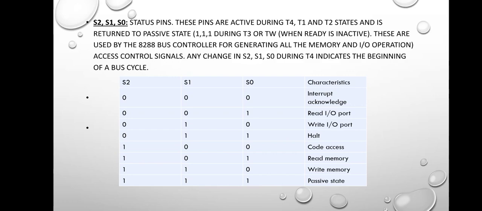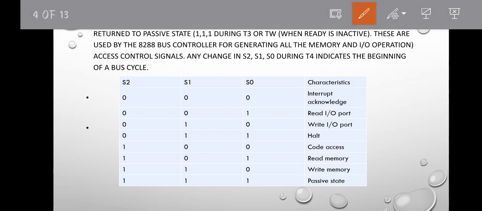And here is the table to check the status of the bus cycle depending upon S2, S1 and S0. In the first one, 0, 0, 0: if the S2, S1, S0 pins show 0, 0, 0, it means interrupt acknowledge.